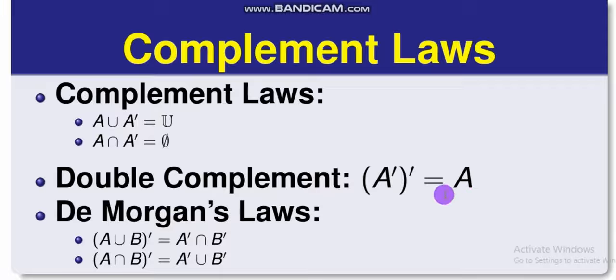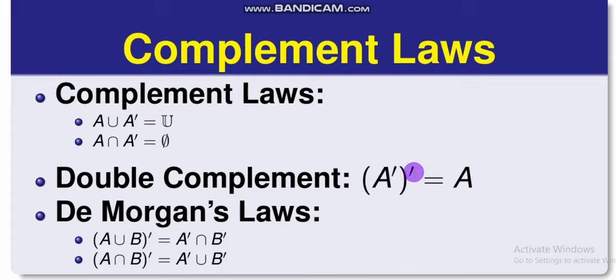Okay, it may sound complicated, but if you think for a second, you find that's correct, because A complement, remember, is a set of elements that are not in A at all. A set of elements that are not in A, but they are in the universal set.